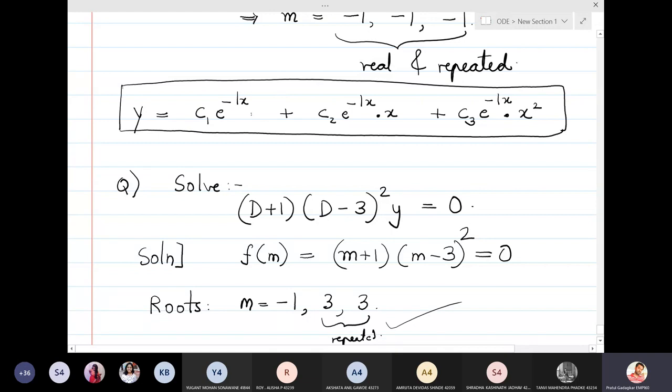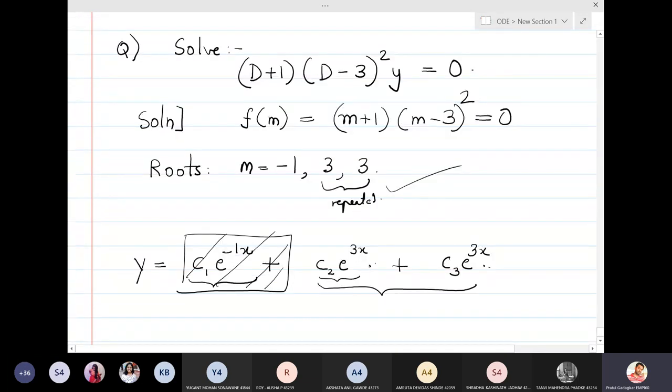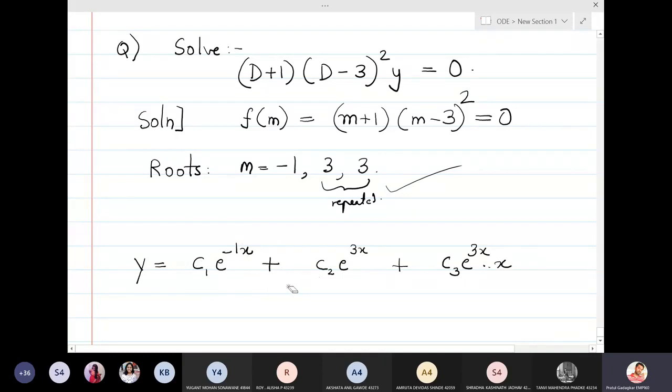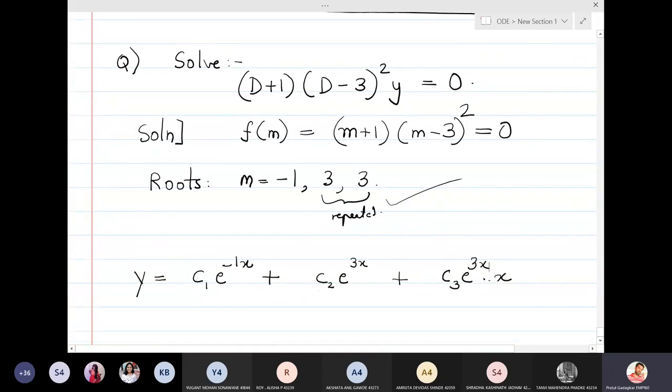So the first term will be untouched and the x will multiply the second term. So I hope this confusion is now clear. The distinct root has a separate formula and has no relation with these two. So this will be the general solution of this particular differential equation.